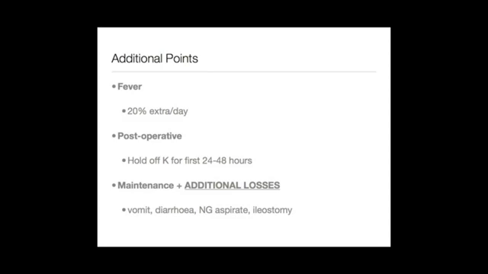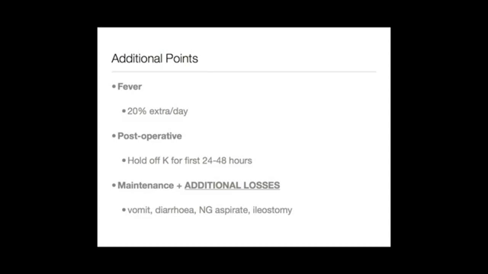Another commonly said rule is that in the post-operative period, you should try and hold off giving patients additional potassium. And the reason for this is in the setting of cellular trauma that occurs in surgery, because potassium is a very important intracellular cation, there's lots of leak of potassium from the cells into the bloodstream. You don't want to additionally supplement this.